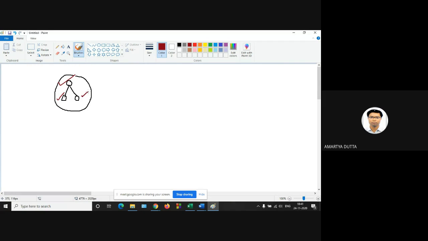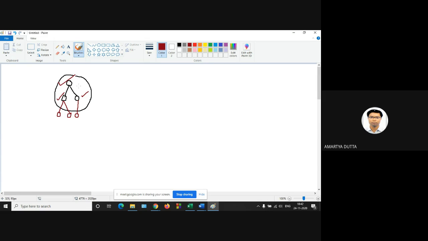Okay, now what is a binary tree? This is a binary tree. Why is this a binary tree? Because every node in a binary tree has a maximum of two children.